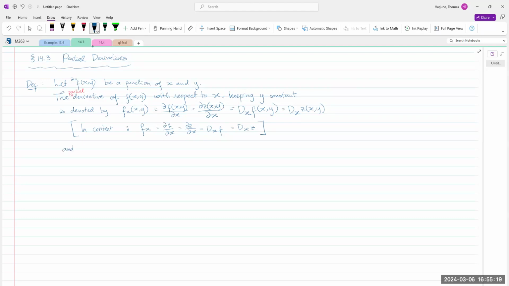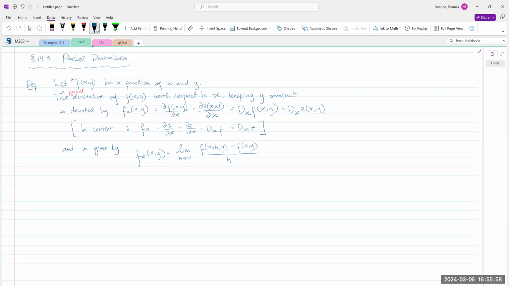It is given by f subscript x of x, y is equal to the limit as h goes to 0 of f of x plus h, comma y, minus f of x, y, over h. So it's very similar to our first derivative in calculus 1.